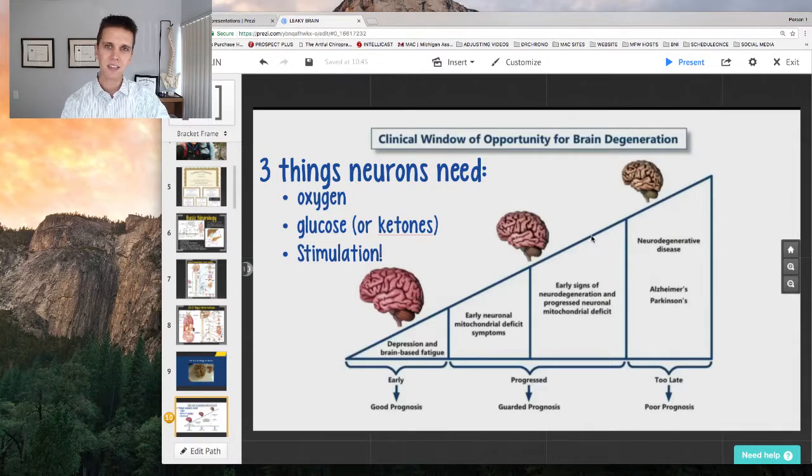All right, and a lot of this goes with the aging process, but again, the way that you live profoundly affects what genes are expressed. All right, and then over here at the very extreme, this is our Alzheimer's, this is our Parkinson's disease. It's not that it's too late to do anything over here.